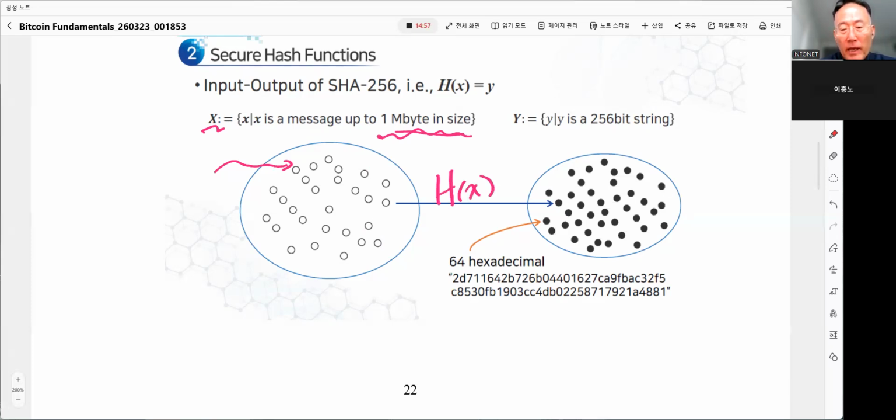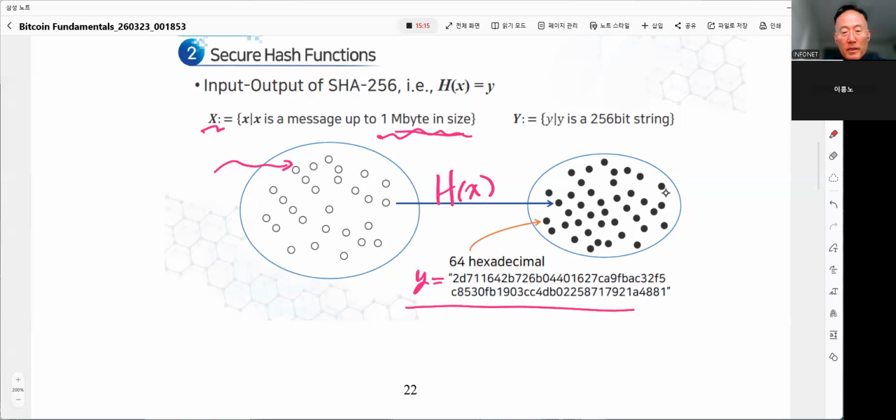You select one X, and then you produce output small y. Small y is a 64 hexadecimal number. This is your small y corresponding to this one.